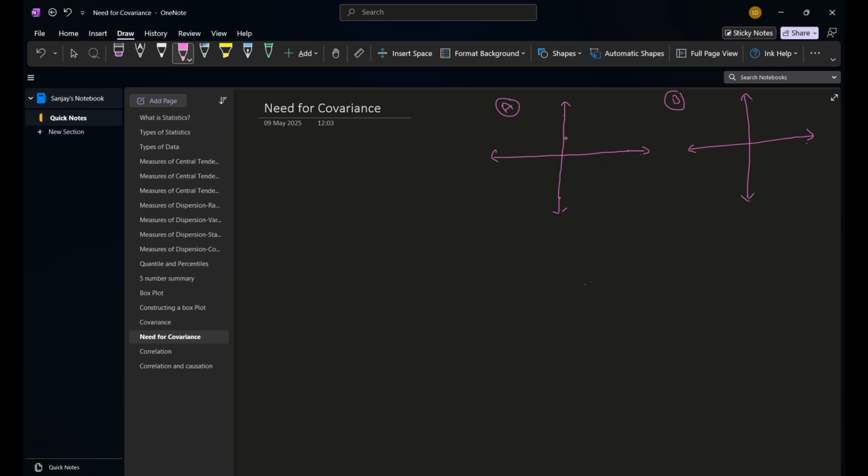Here I will be plotting like -3, -3. Let's take 1, 2, 3 on each axis. The coordinates x and y: here 0 and 0, here -3 and 3.